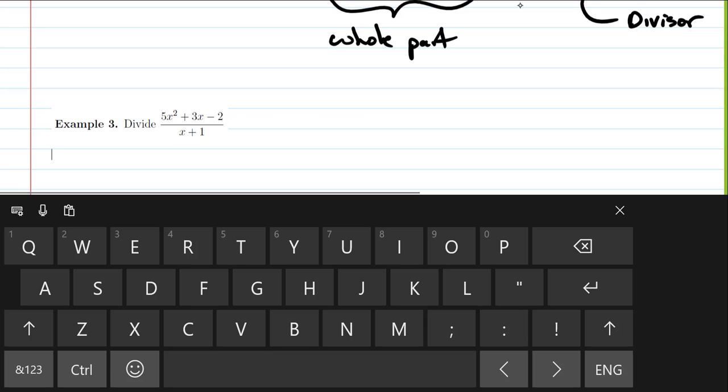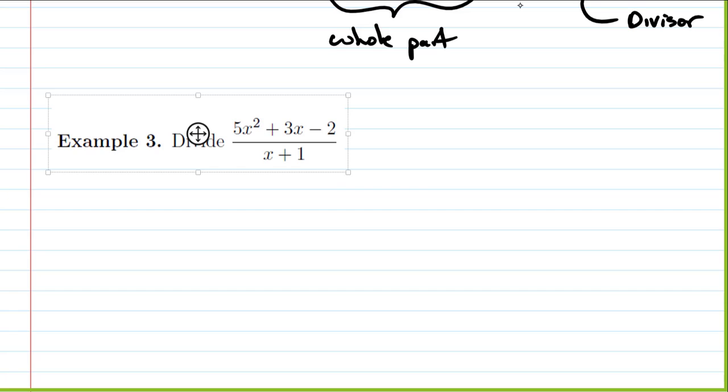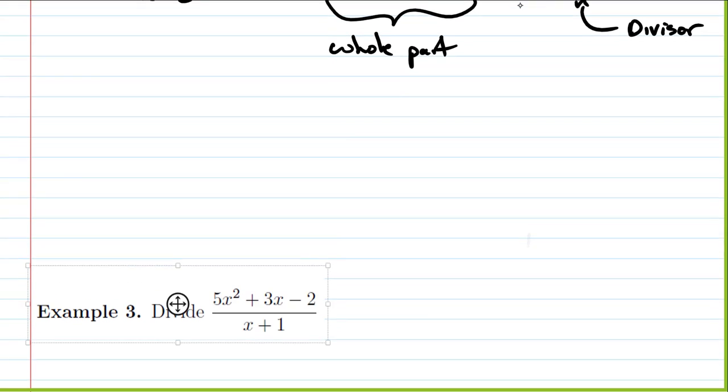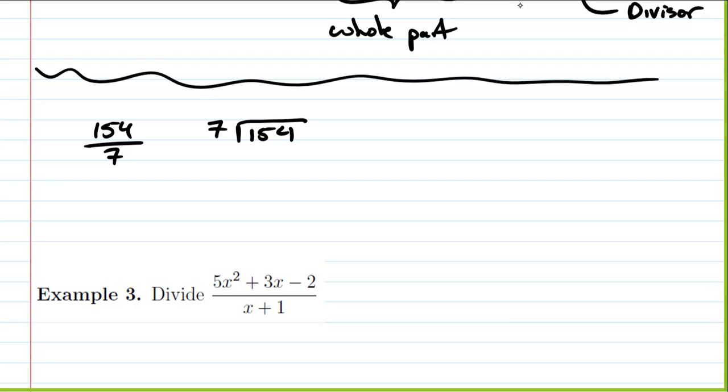Let's take a look at our next example. But before we do, if we had 154 divided by 7, and we did long division, so 7 goes into 154. 7 goes into 15 twice. 2 times 7 is 14.